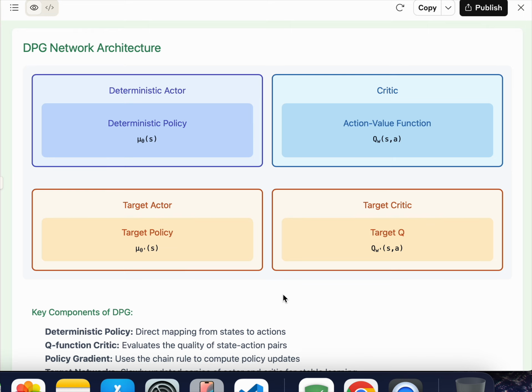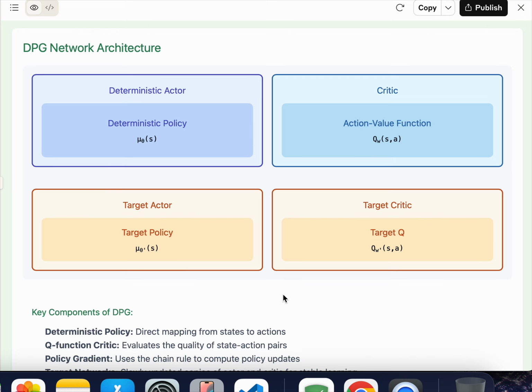These target networks are used when computing updates to stabilize training. They don't get updated at every step, instead they track the main network slowly. And to sum it up, there are a few main pieces you need to know here. First, the deterministic policy is what gives us direct control over actions. Second, the Q function critic tells us how good those actions are.